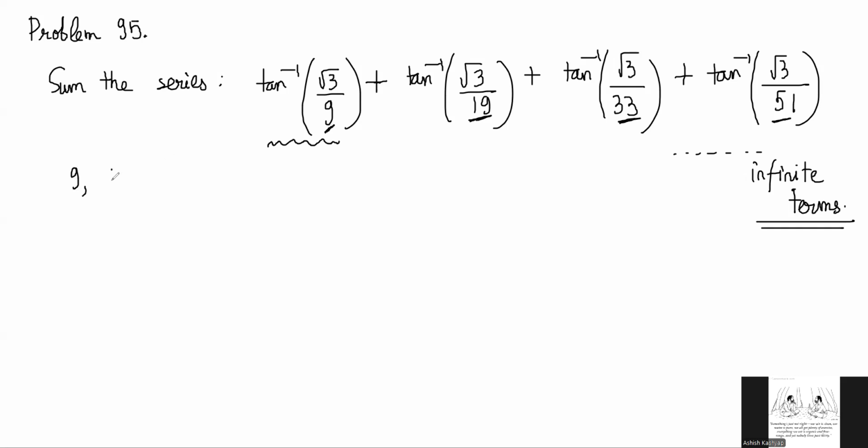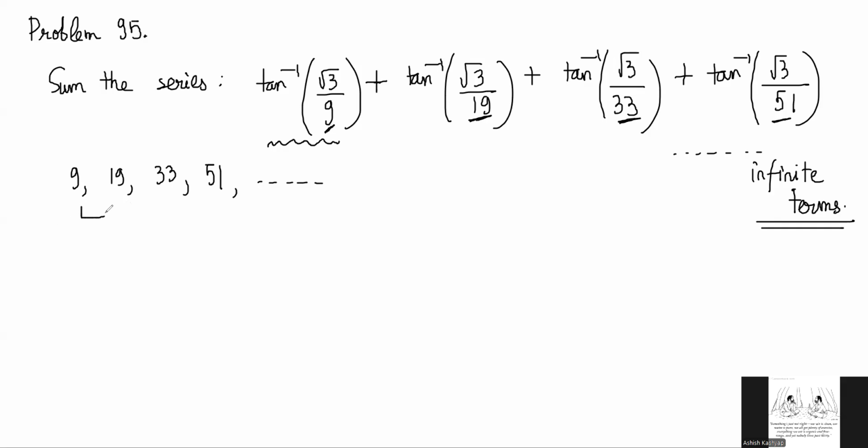So if I have a sequence like this, 9, 19, 33, 51, and so on, I want to find a pattern for it as a function of n, where n is an integer. The usual way to think of these patterns is to figure out what kind of behavior it will have. Is it a quadratic function of n, or a linear function of n?